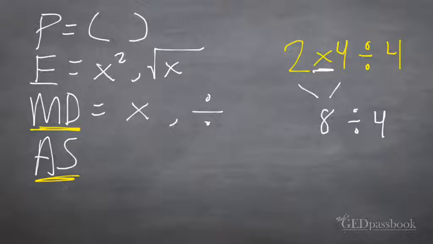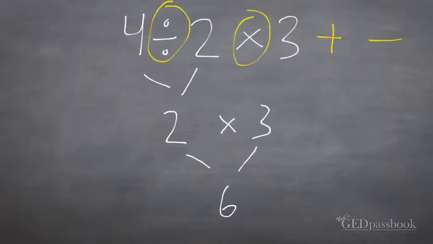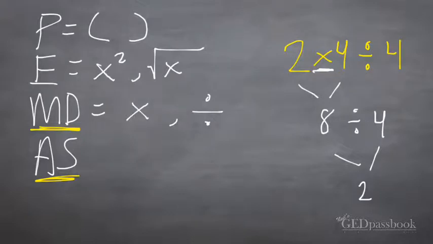You bring down the rest, 8 divided by 4 being 2. Versus this one over here, where the division sign came first, which is why we did the 4 divided by 2 first. It's literally working from left to right. You always spot which one comes first. That's the rule for multiplication and division.